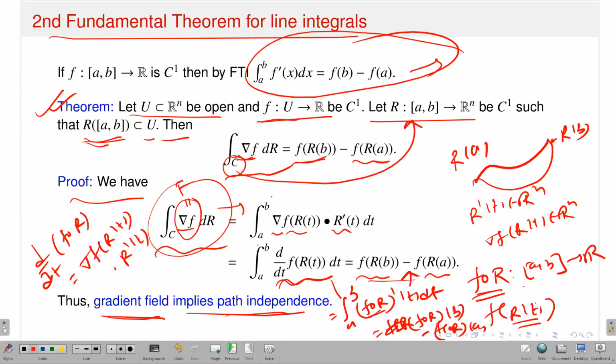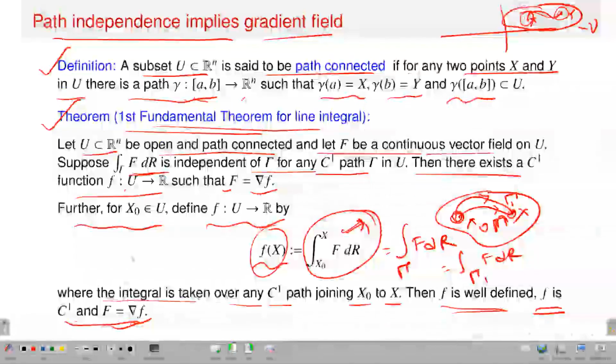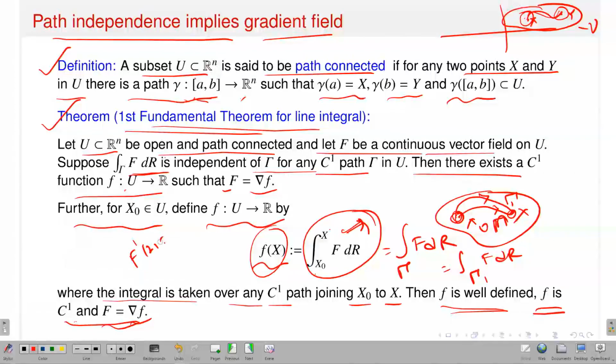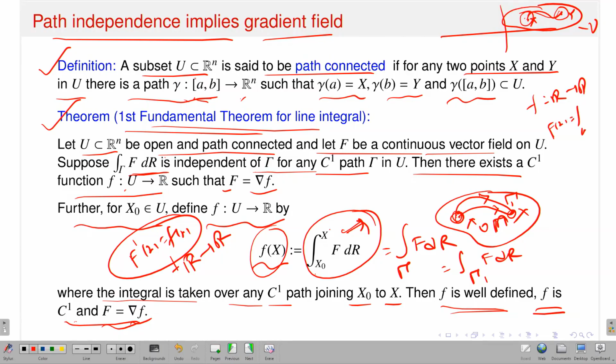I am stating this as the second fundamental theorem, just to compare with the single variable case. The first one is that capital F prime of x is small f of x, for functions from R to R. If I have a function from R to R, and I define capital F(x) as the integral from a to x of f(t) dt, then the derivative of capital F is small f.